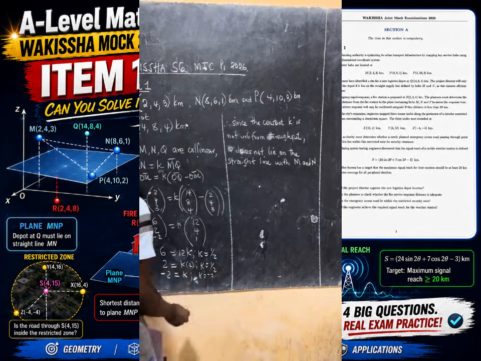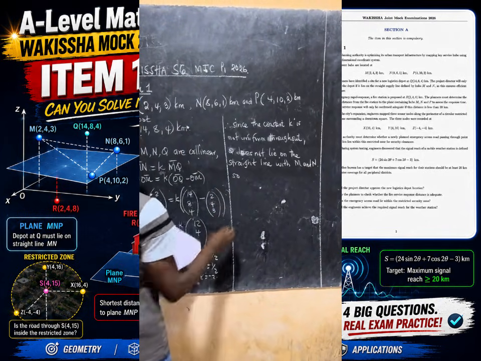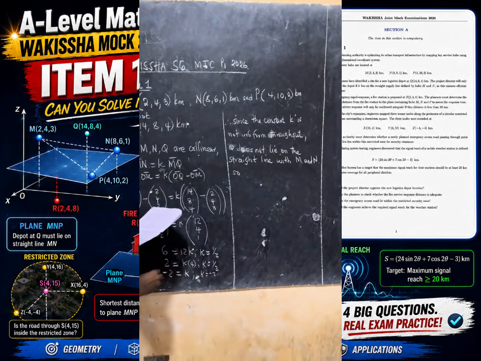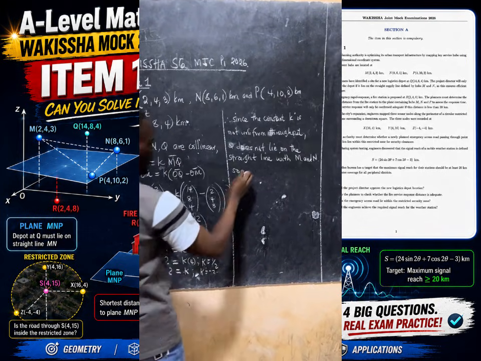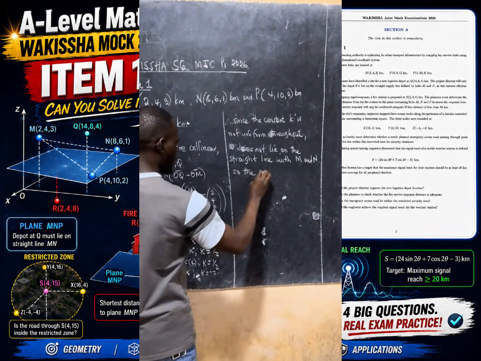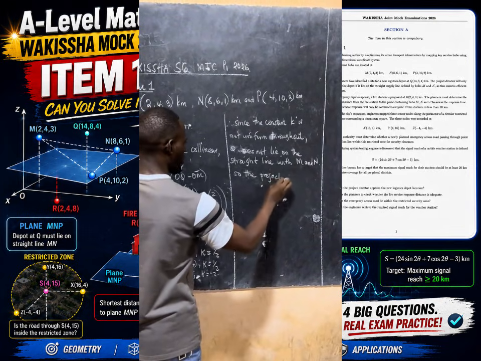Because the question is, will the project director approve the new logistics depot location? Conclusions are so important.